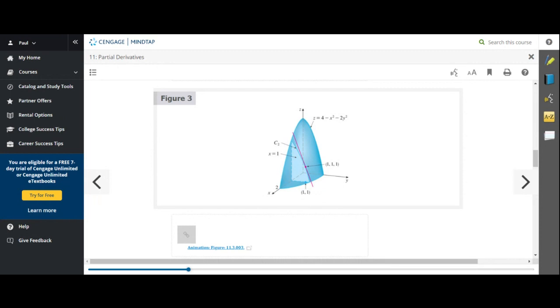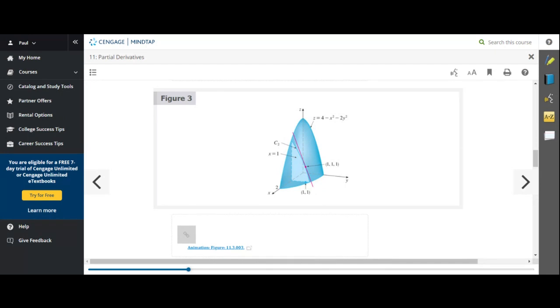So far, when you evaluate these partial derivatives, they represent slopes of tangent lines with respect to the x-axis or the y-axis. In terms of vectors, the partial derivative with respect to x is the slope of the tangent line looking in the direction of the i vector, and the partial derivative with respect to y is the slope of a tangent line looking in the direction of the j vector.